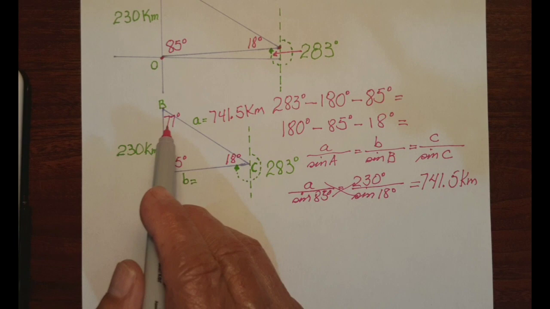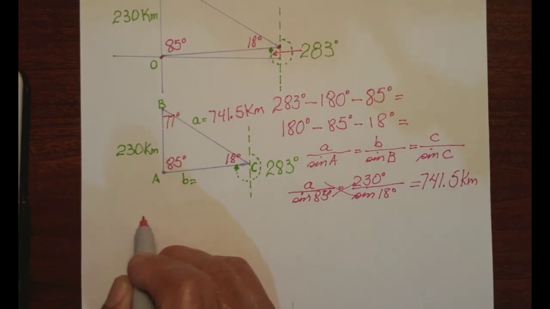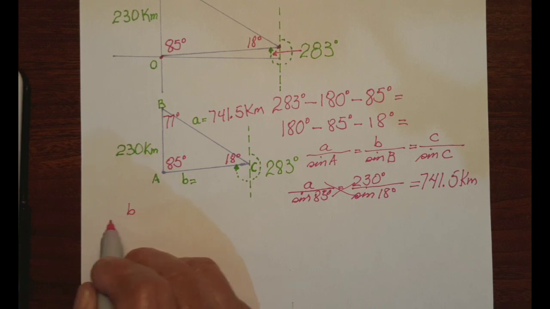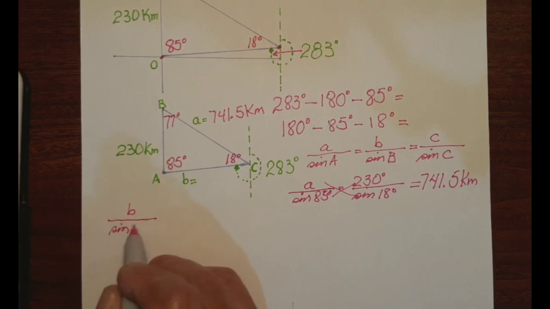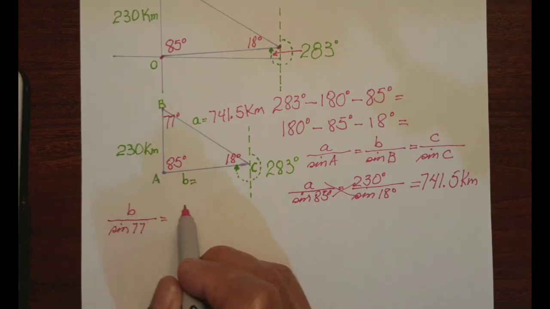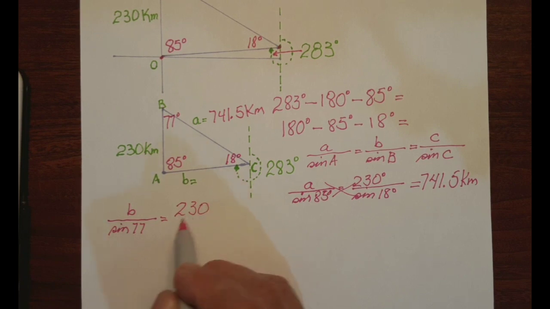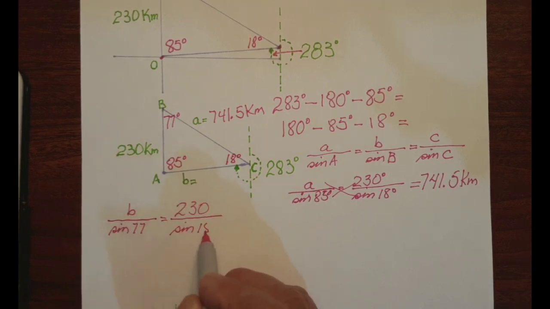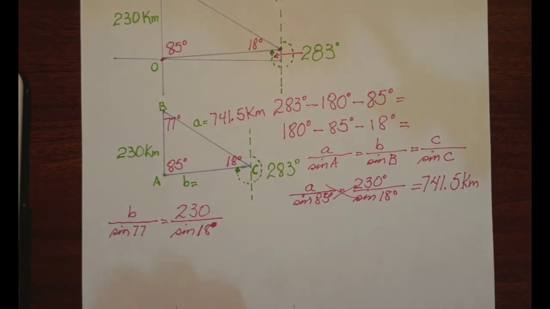Now we find this B, the same. This has to be over sine of 77. Let's do it. B over sine of 77 equals 230 again over sine of 18. This is the law of sines. Again, we cross multiply in order to isolate B. Sine of 77 times this over the sine of 18.